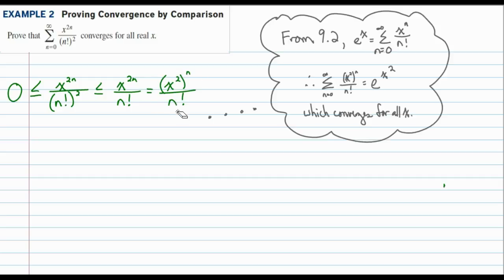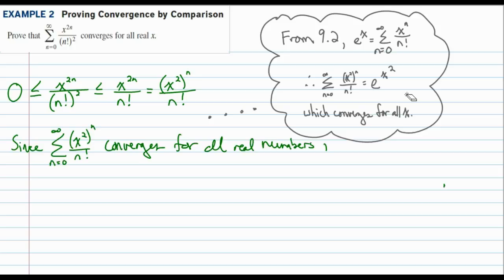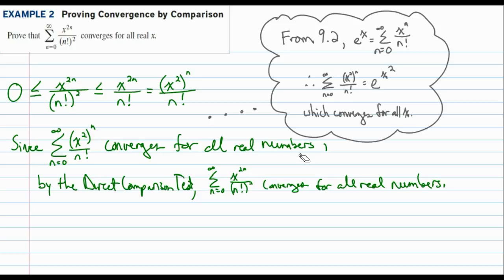This looks very much like the Taylor series for e to the x squared, which I know converges for all x, and that's back from section 9.2, the representation of Taylor series for these known functions. Since the Taylor series for e to the x squared converges for all real numbers, by the direct comparison test, the one that we're testing also converges for all real numbers.